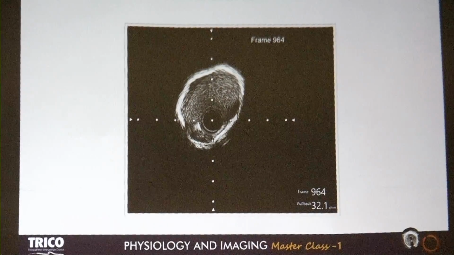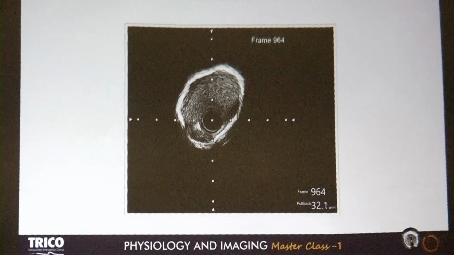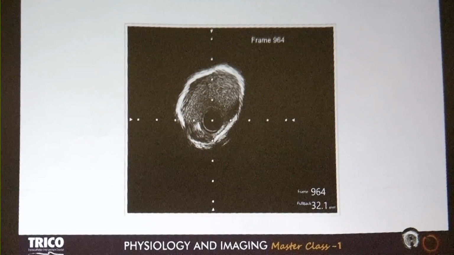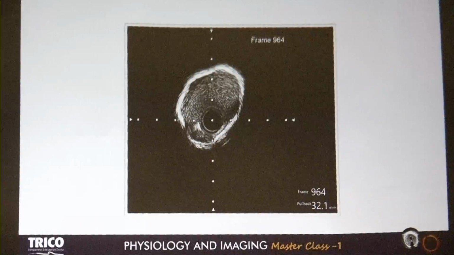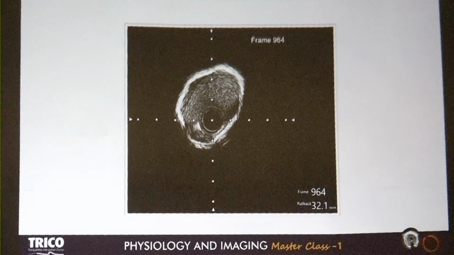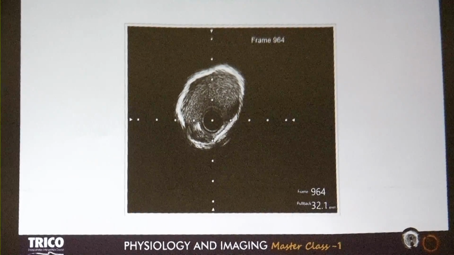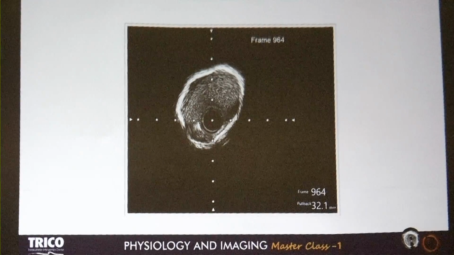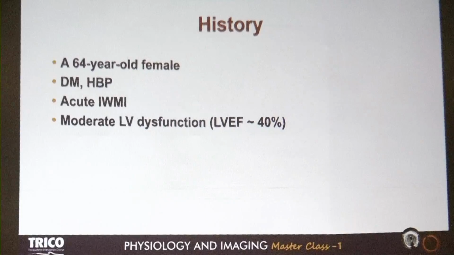We have severity criteria of more than 5 millimeters and other parameters, but fluoroscopically we frequently do miss the calcification. What do you think? This seems to be a concentric calcification. Okay, this is the history. The patient had acute inferior wall MI.